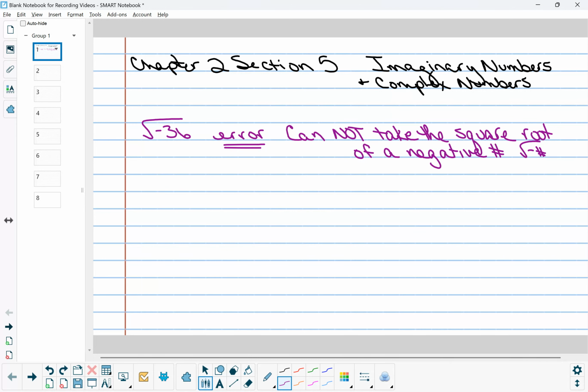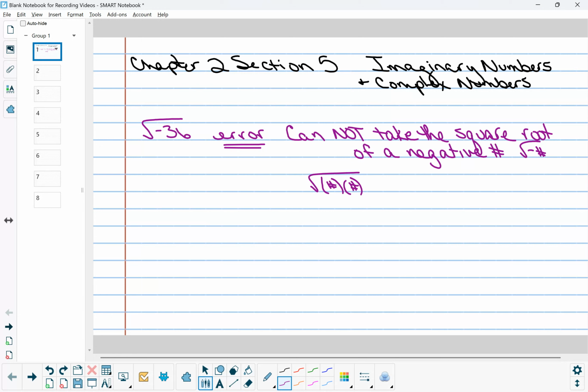And that is because anything underneath the radical is some number times the same number, right? Well, you can't have a negative times a negative under there. That's a positive value, right? So there's no way for you to do that.